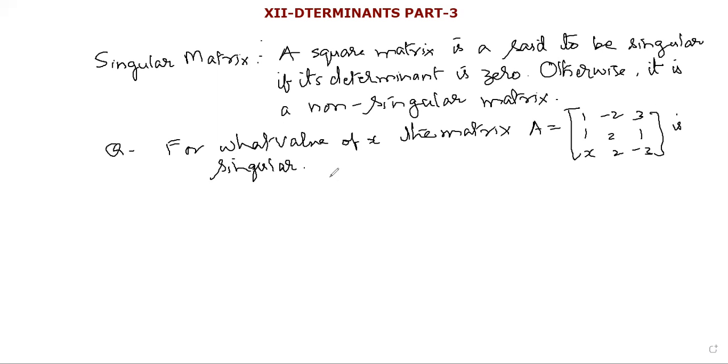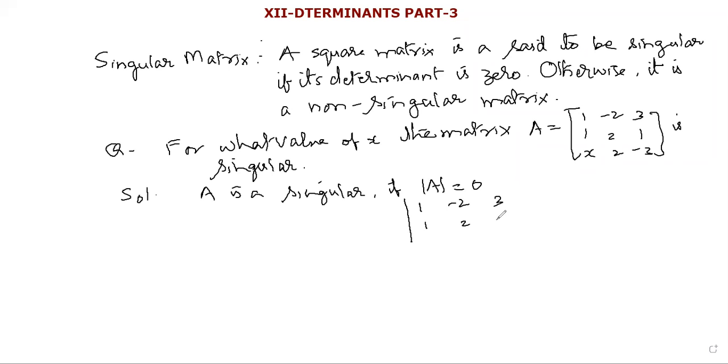So as A is a singular matrix, A is singular if determinant A is equal to 0. So equate its determinant to 0 and solve it to get the value of x: 1 minus 2 3, 1 2 1, x 2 minus 3 is equal to 0.